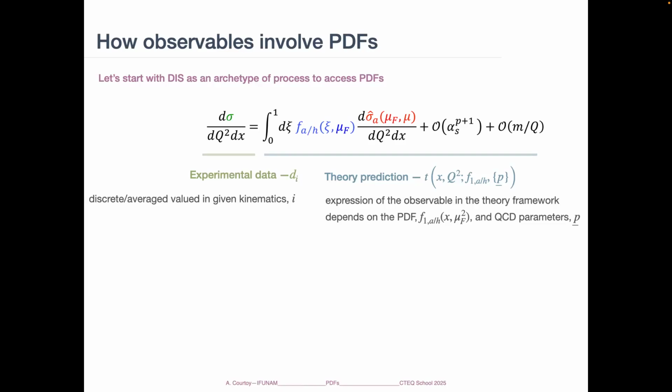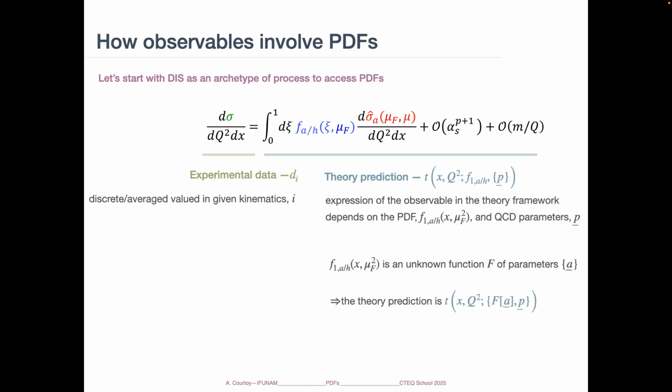F is the PDF, at x and Q squared. Notice that so far I've not put any sub i index. Of course, we will have to go into the sub i to match the kinematics here. So we need to express the observable in terms of the PDF and the cross sections that we can calculate in given kinematics, right? That's what it means: left-hand side data, right-hand side theory.